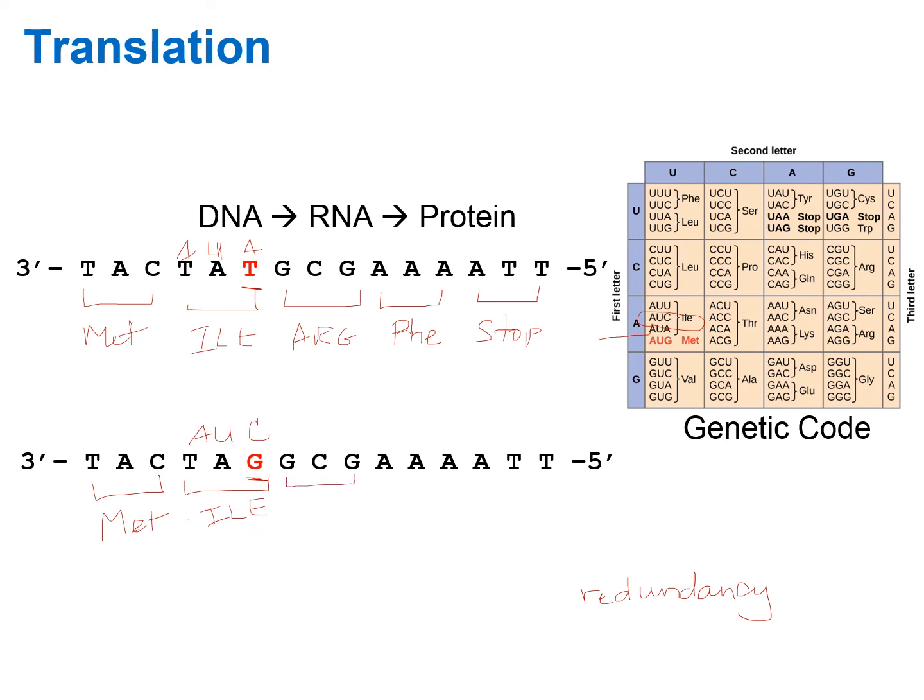So this means that you can have small changes in the genetic sequence of a gene, but the protein is still the same and it's still functional. It doesn't cause a problem. So this is called a silent mutation because there's no change in the amino acid sequence.